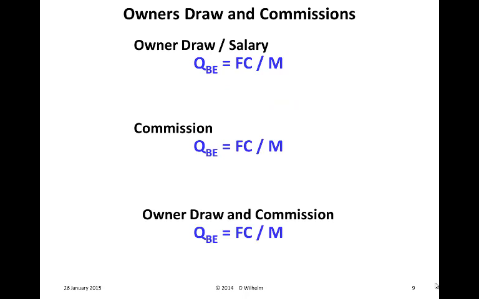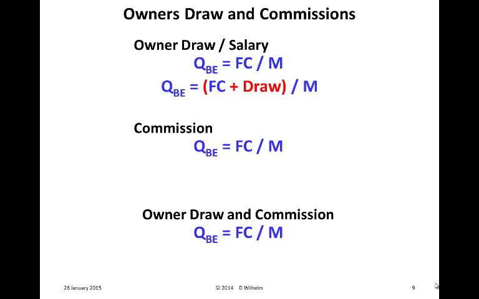One can also incorporate the owner's draw and commissions in the basic break-even formula. If we have an owner draw where the owner says, hey, I not only want to break even, I want to pull out a certain amount of money each month, we just add that to the fixed costs.